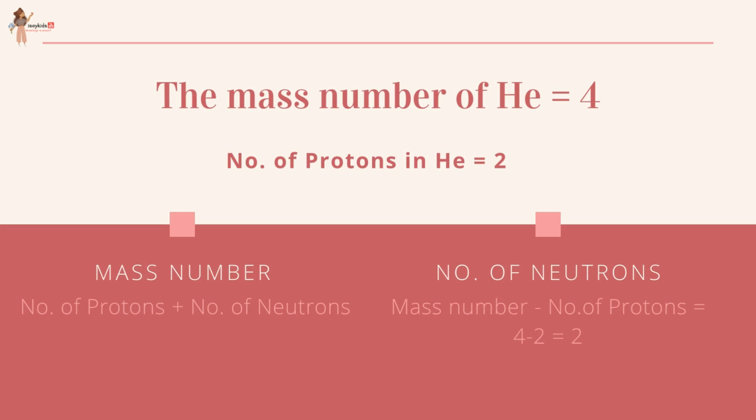The mass number of helium is 4 and the number of protons in helium is 2. Therefore, the number of neutrons in a helium atom is 2.